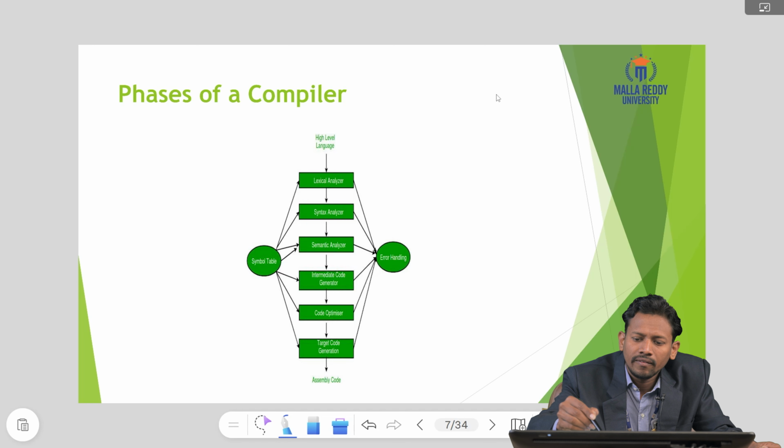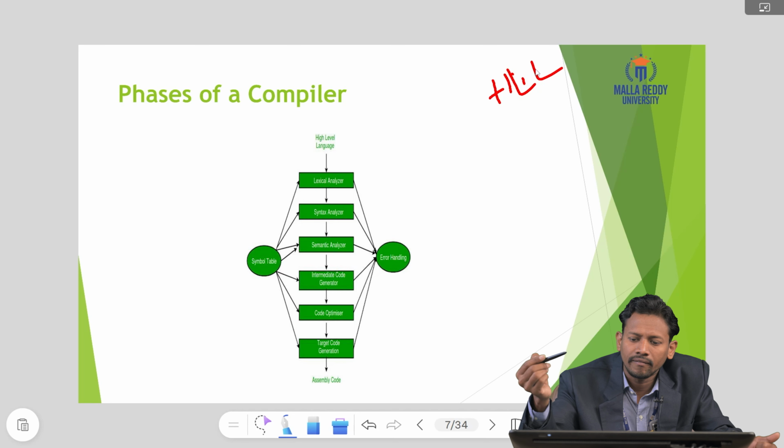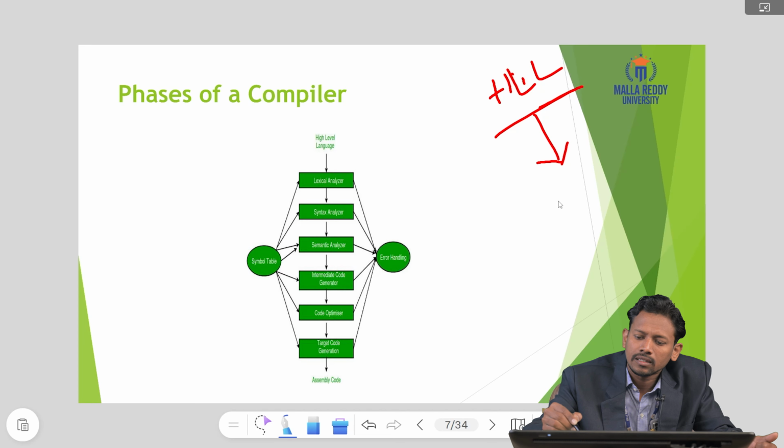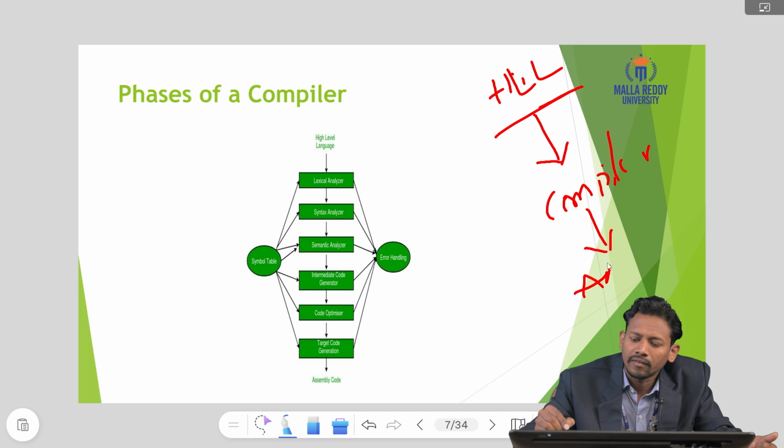First, high-level language instructions from any language, such as C, Python or Java, are passed through the compiler. The compiler generates the assembly language code.